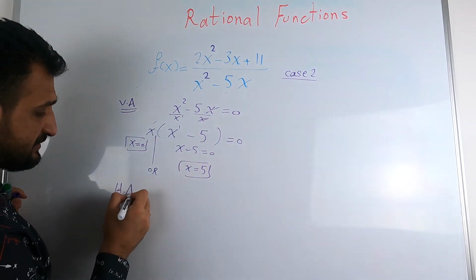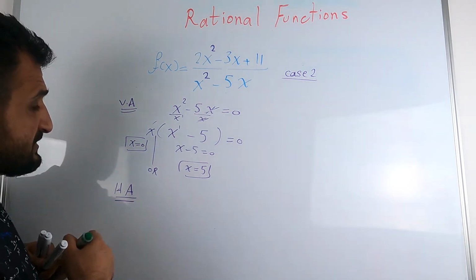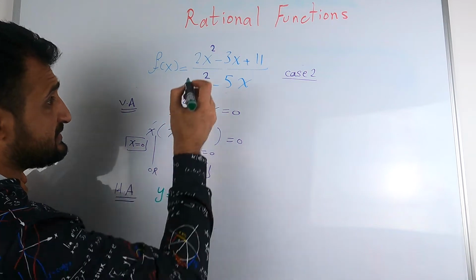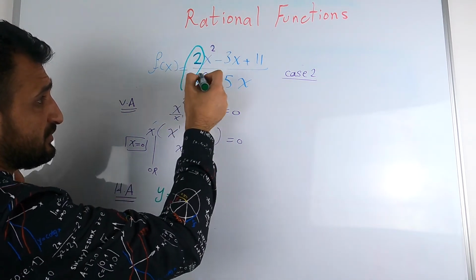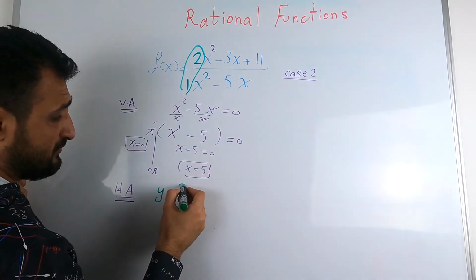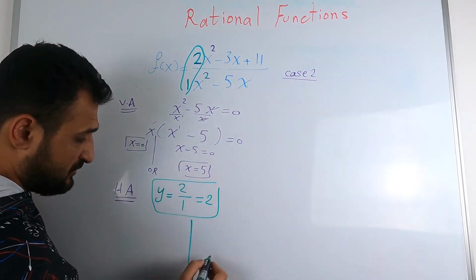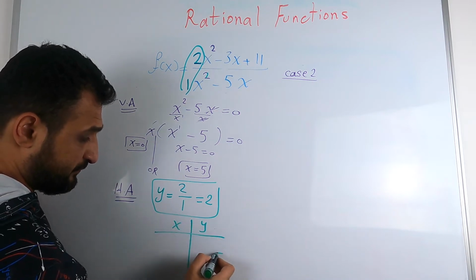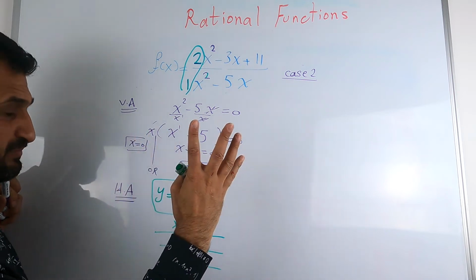Now horizontal asymptote. Always the equation is y equals this coefficient divided by this coefficient, because here power 2, so 2 over 1, which is 2. Now helping points. Since I have two asymptotes, I need 4 helping points.